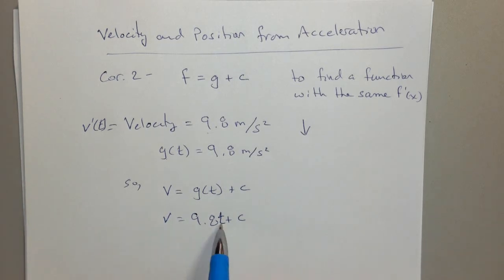Why did I put a t there? Because gravity is affected by time. If you drop an object, it doesn't just stay, it accelerates until it gets to terminal velocity, and then it stops.